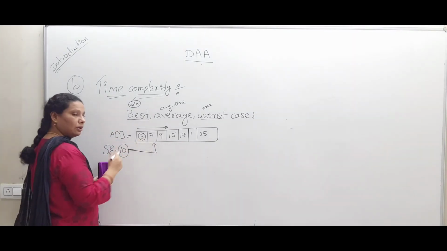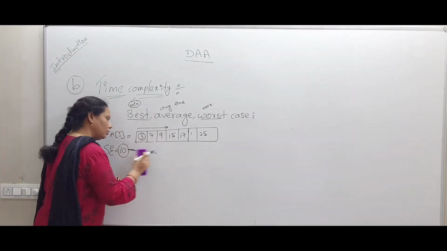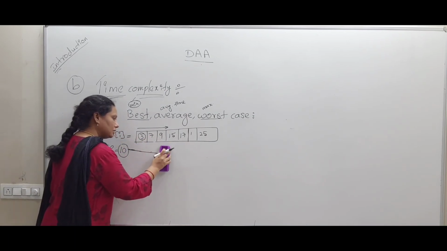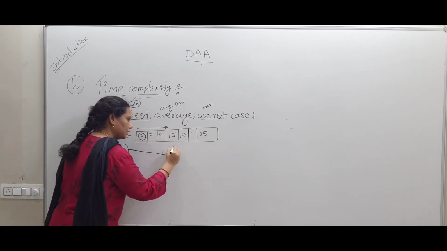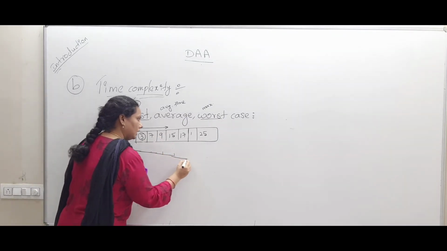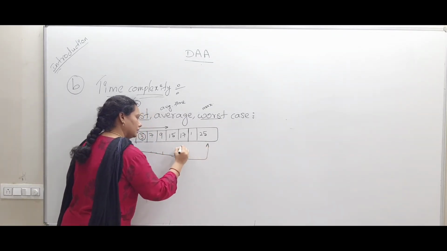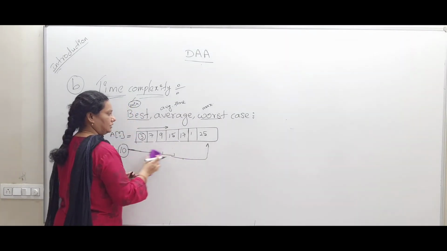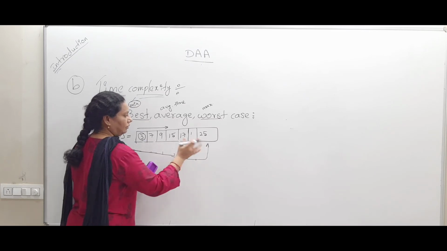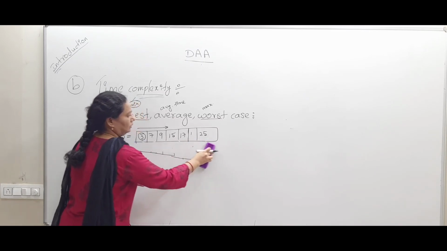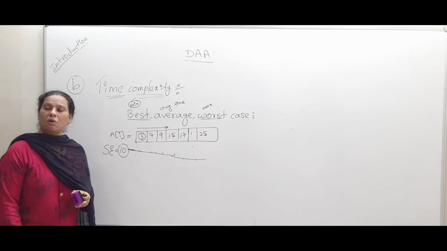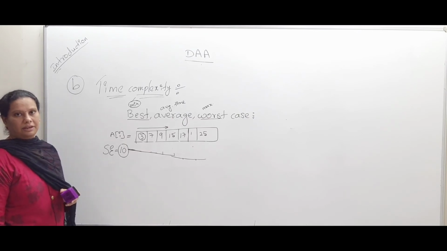Both are same? No. Now it goes to 9. Same? No. Next it is going to 15. Elements are same? No. Next 17. No. Next 21. No. Next 25. No. Now your result will be the searched element is not found in the given array.